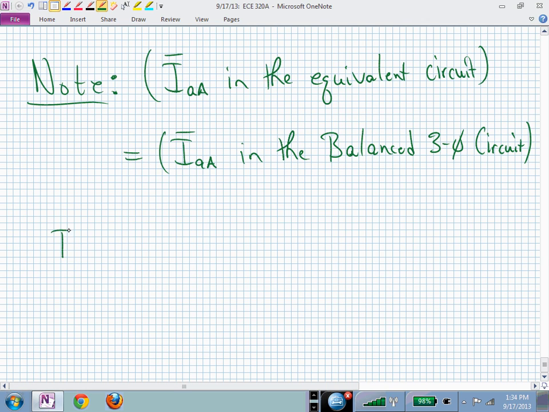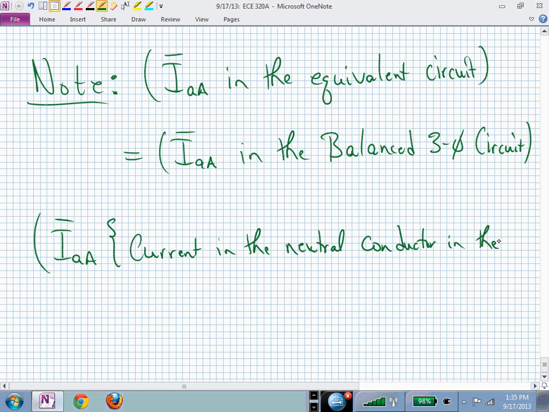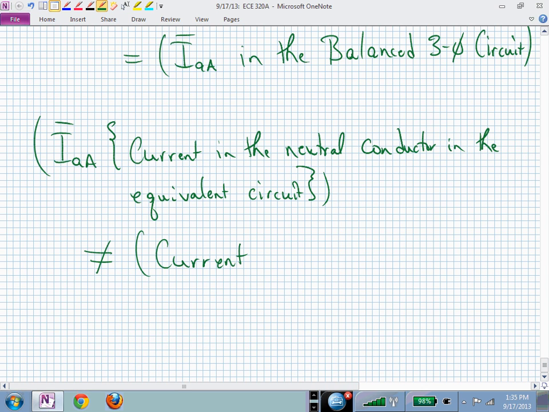So the I sub AA, let's say the current in the neutral conductor in the equivalent circuit, that's not the same as the overall current in your three-phase circuit's neutral conductor.